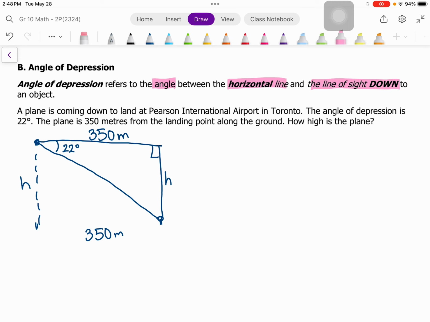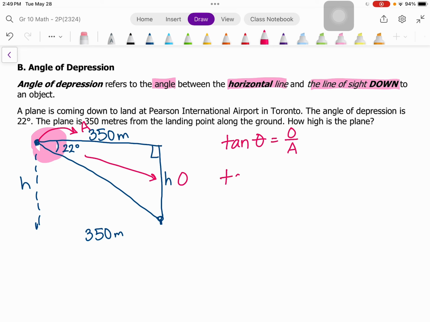So we have our reference angle over here, and the height is the opposite from that reference angle, and the 350 is the adjacent. So once again, we are going to use the tan trig ratio, so opposite over adjacent.